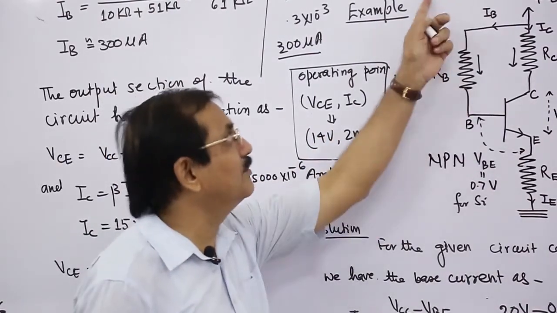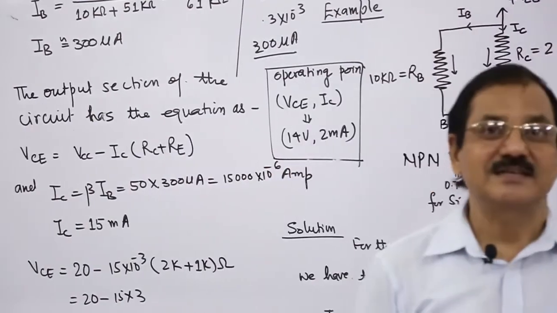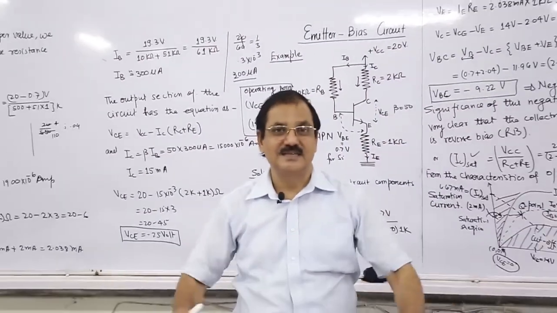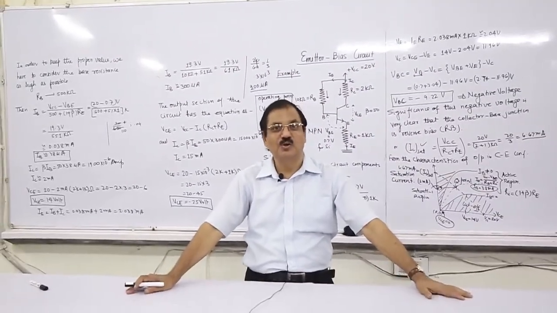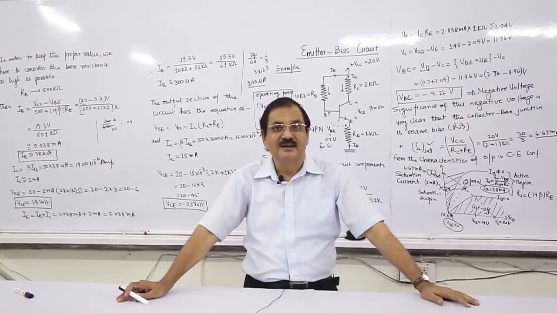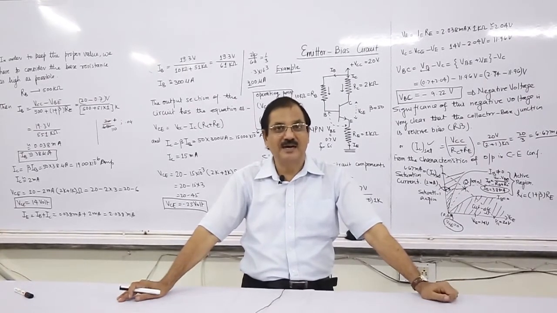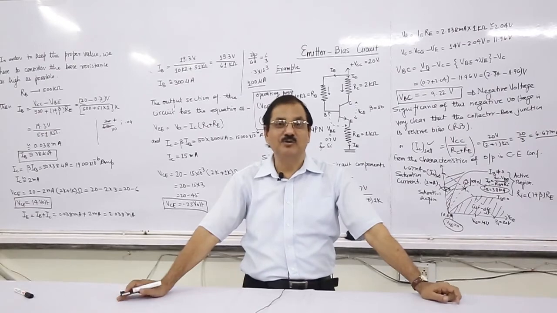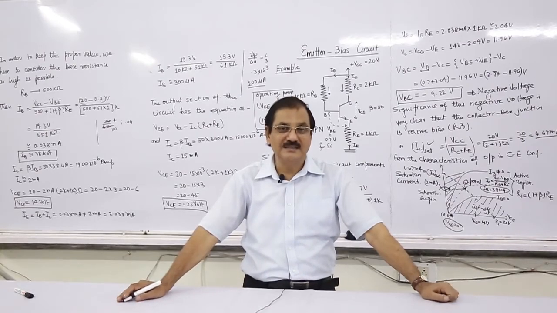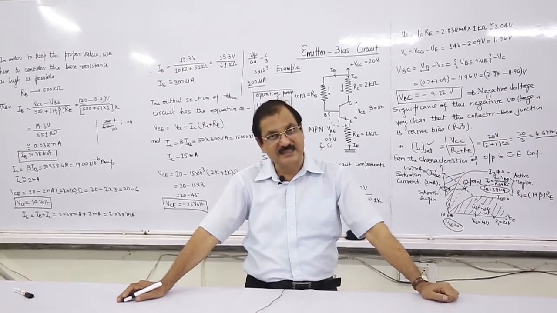So this is about your emitter bias circuit and the stability. In the next part, we will discuss the voltage divider circuit.